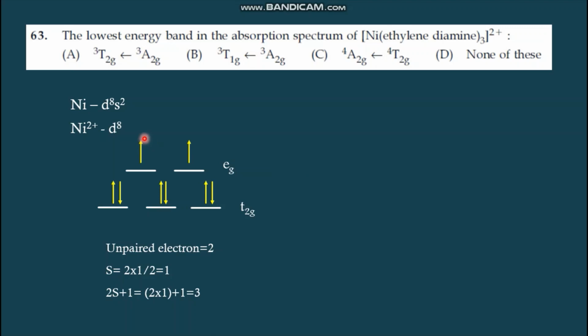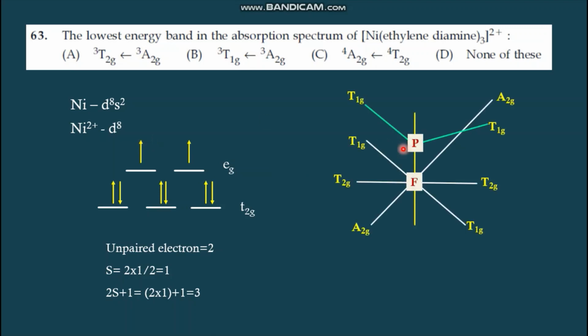Now we have to look at the Tanabe-Sugano diagram, and for d8 we have F and P terms. F is split into T1g, T2g, A2g, and P is transforming to T1g, and these are molecular notations. In group theory I have explained how to find these molecular terms.